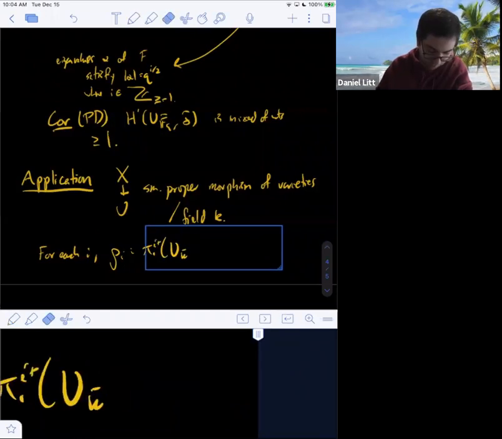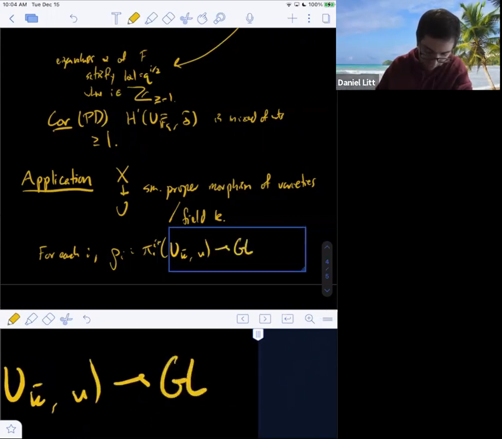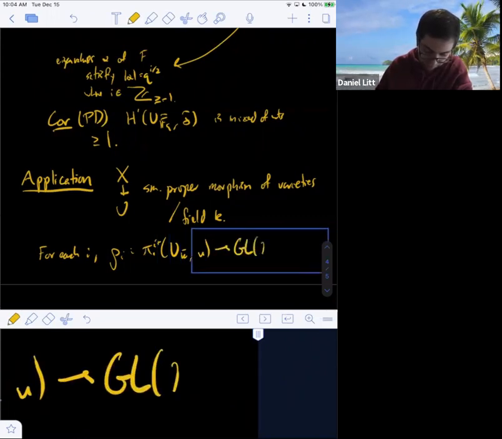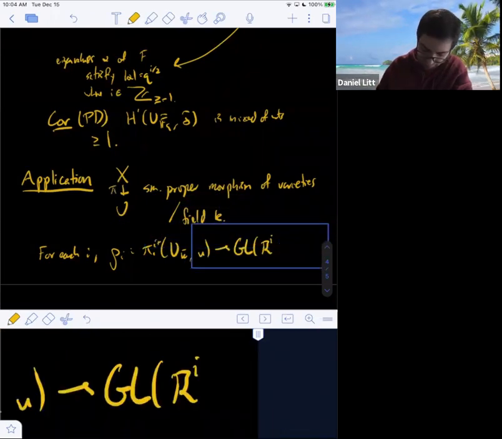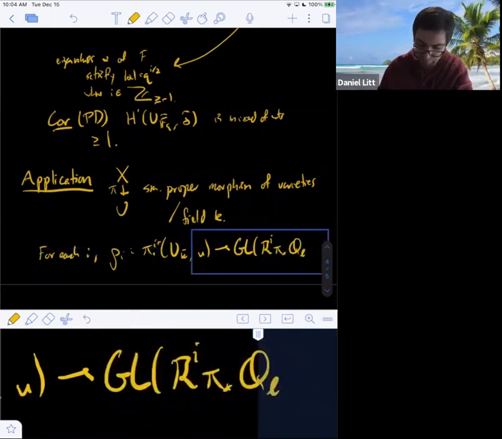Maybe let me pick a base point, some little u, into GL of, so this is like the monodromy representation on the cohomology of the fibers of this map. So I'll take the ith push forward and look at the representation on the fiber over u.